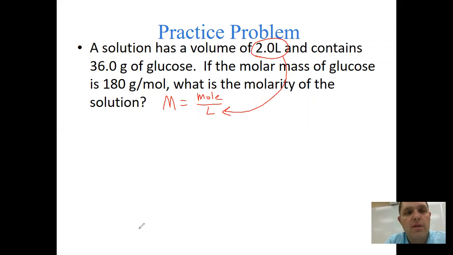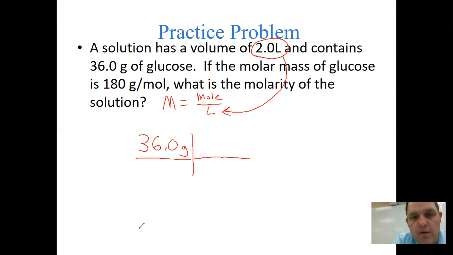Now we are starting with 36 grams of glucose, but we want moles. So here's a one-step dimensional analysis: 36.0 grams, and there's 180 grams in 1 mole. When we quickly do our math here, 36 divided by 180, I get 0.2 moles.